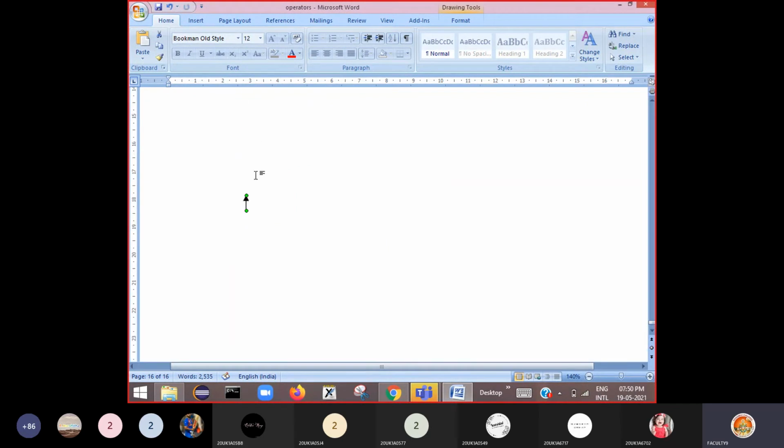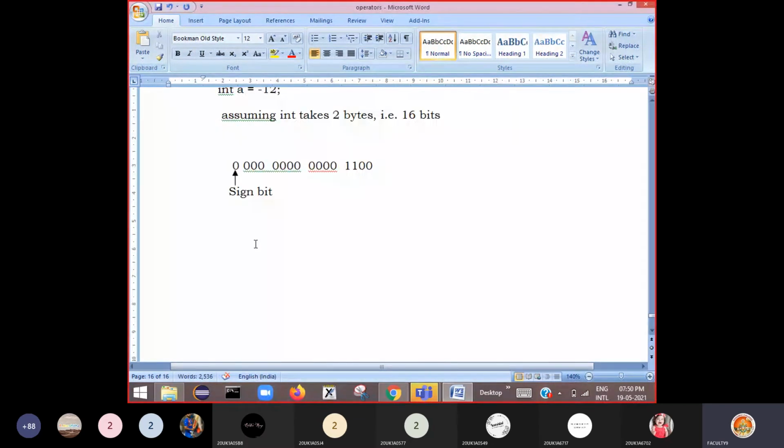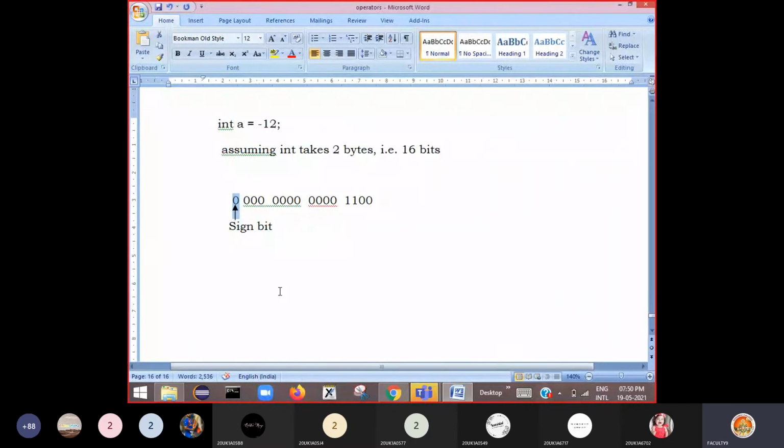This leftmost bit, I am just moving the remaining bits aside. This leftmost bit will be used to store the sign of the number. This is called the sign bit.